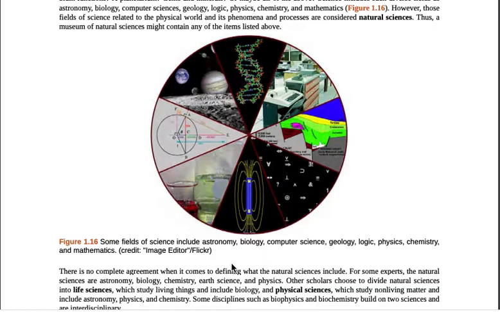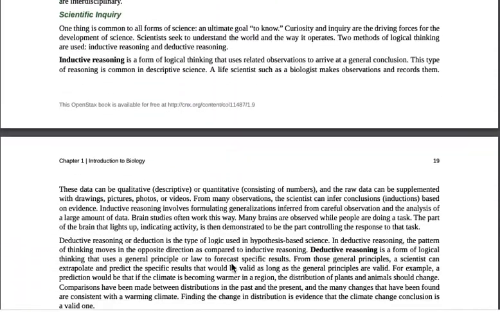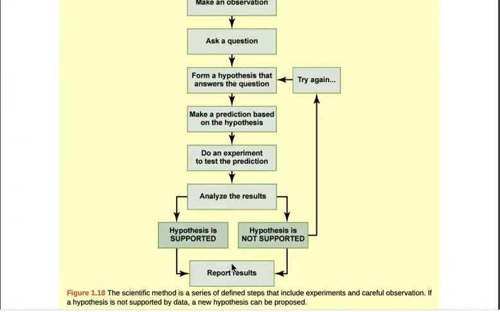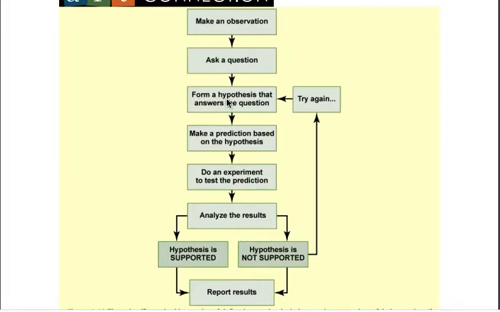So when you have a hypothesis that people have tested, if you have a hypothesis that has been tested and it's been shown to be correct, then other scientists might pick it up, hopefully, and they might start testing it.